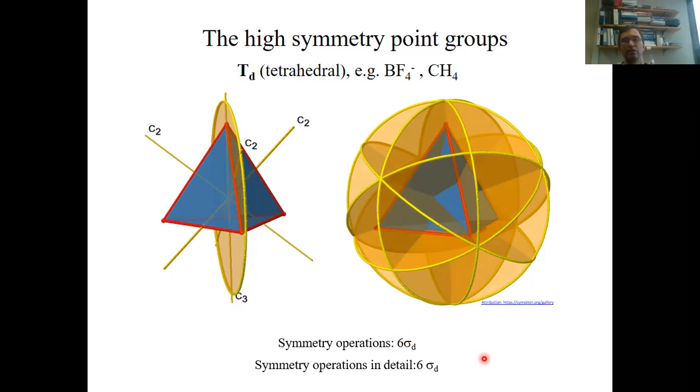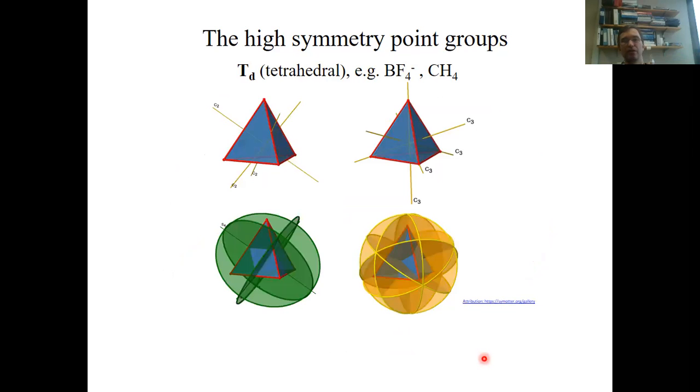So what else? Well, there's no other symmetry element, so we do not have an inversion center to consider. Therefore, we have now found all the symmetry elements and all the symmetry operations. So we have 4 C3 axes, 3 C2s, 3 S4s, and 6 sigma d mirror planes.